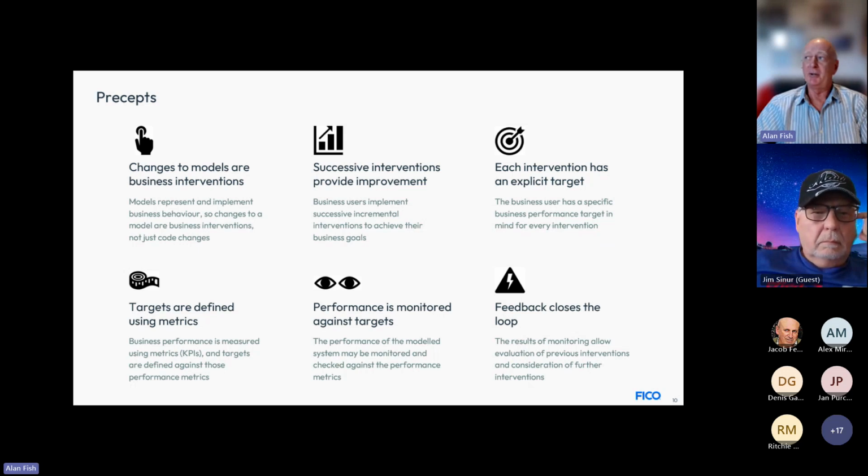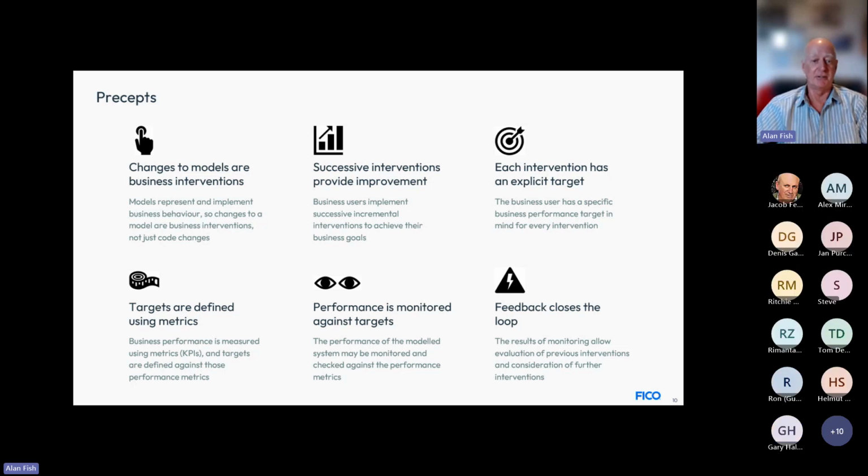And typically, I know in this forum we tend to focus on the authoring of models for producing solutions, but actually most of the lifetime of a solution is to do with the management of that system day on day. And business users gradually improve the performance of their systems through successive incremental interventions. And they do it in order to achieve their business goals.